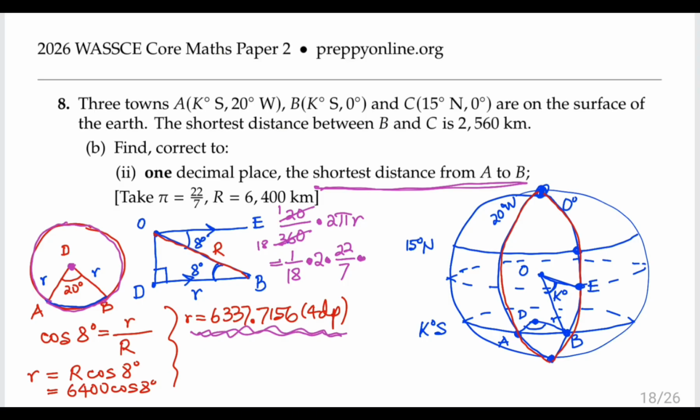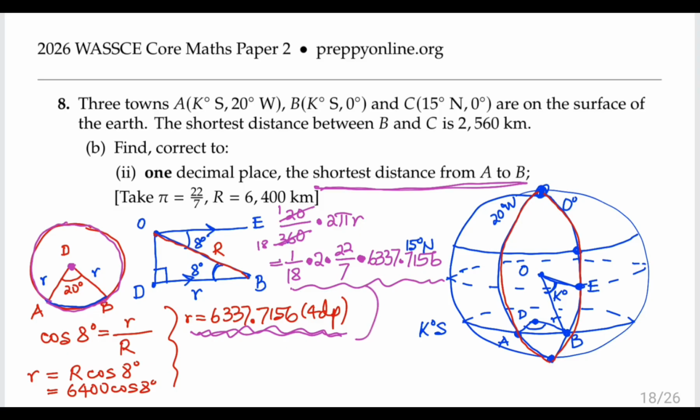Let me just write it: 6,337.7156. All right, so when we punch this into a calculator, we are going to get the length of the arc that we are looking for.